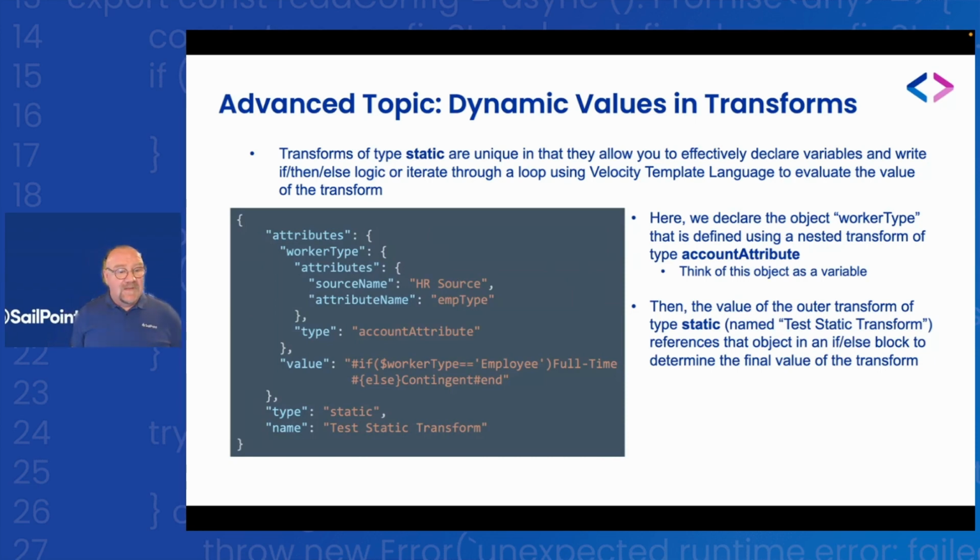So we can see here that worker type, the value returned by the account attribute, if it's employee, we're going to return a value of full time. Otherwise, we will return a value of contingent. So again, using velocity, you can make some powerful decisions inside here and then reference them in your other transforms.